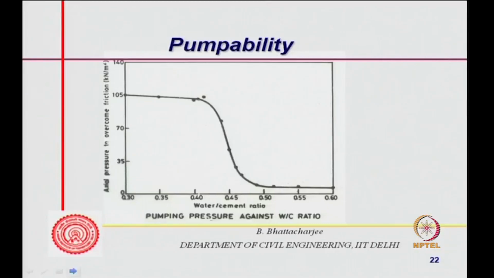Now, in the good old days, when there was no fly ash and such things, people did tests and looked at water cement ratio along this axis, and the pumping pressure along this axis. It was observed that when you have a low water to cement ratio such as this, your pumping pressure is very, very high.